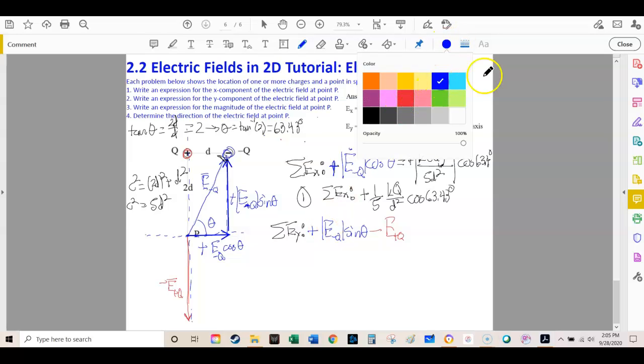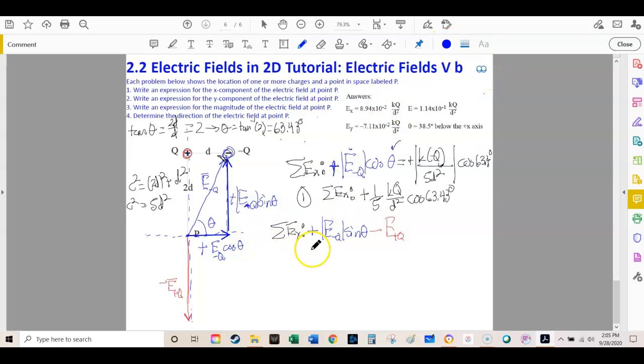Well, let's go ahead and define that stuff. Like I said before, the magnitude right here, this thing right here, is the magnitude E negative Q. So E negative Q is 1/5 KQ over D squared. So by figuring that out, we've actually figured out the magnitude here.